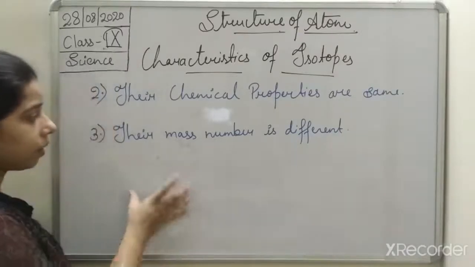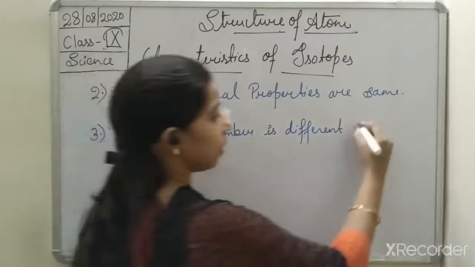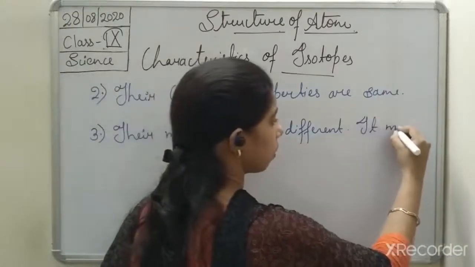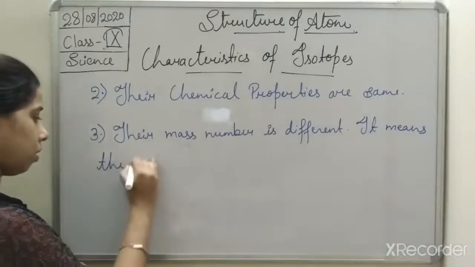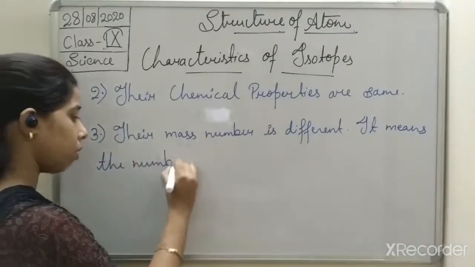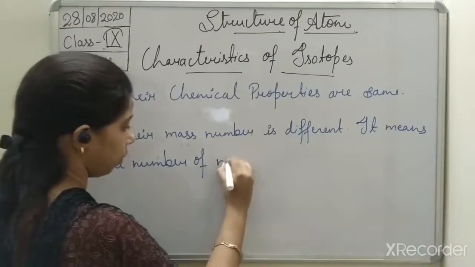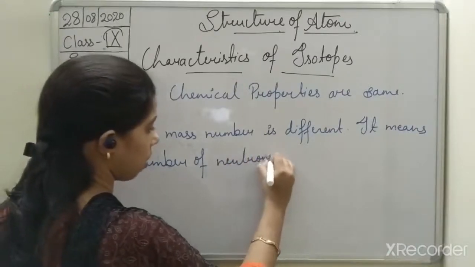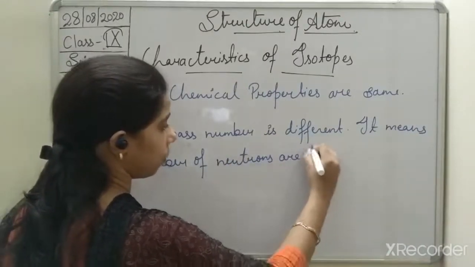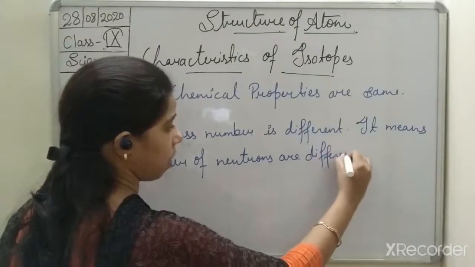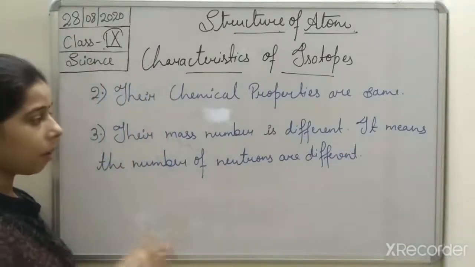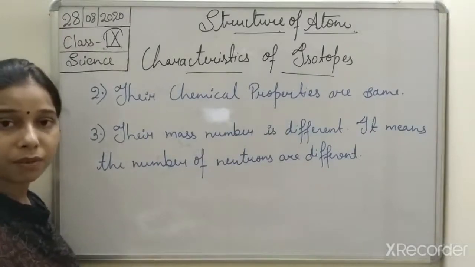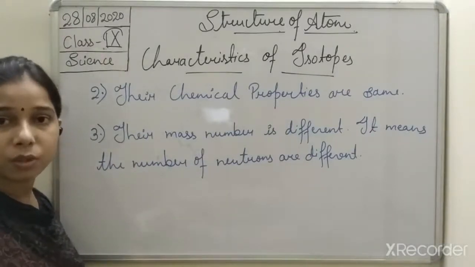So we can write: their mass number is different, it means the number of neutrons are different. The number of protons and electrons is the same, but since the mass number is different, there will be no change in the atomic number.